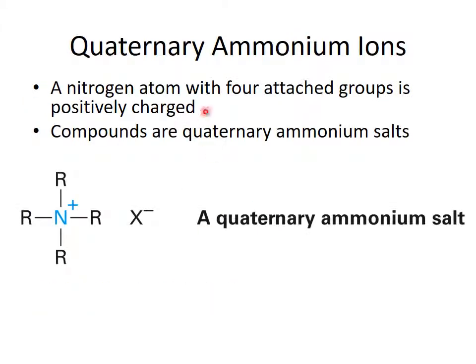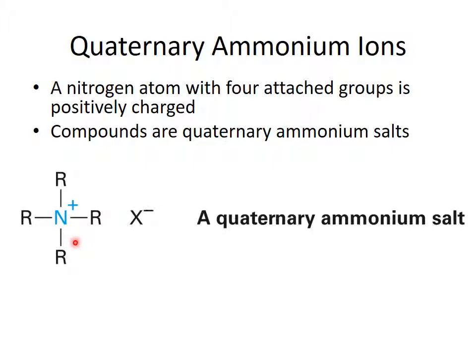There are also quaternary ammonium salts. Quaternary ammonium salts are amines that are a tertiary amine that has had the non-bonding pair covered up by another alkyl group. So there are 4 carbons attached. That nitrogen must have a positive charge.